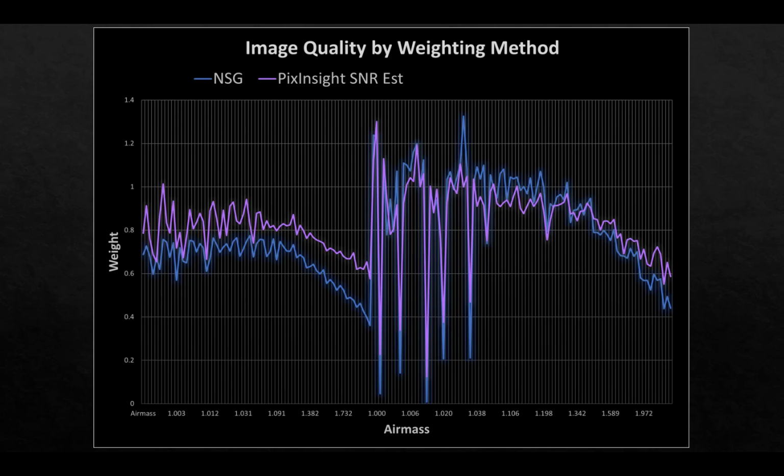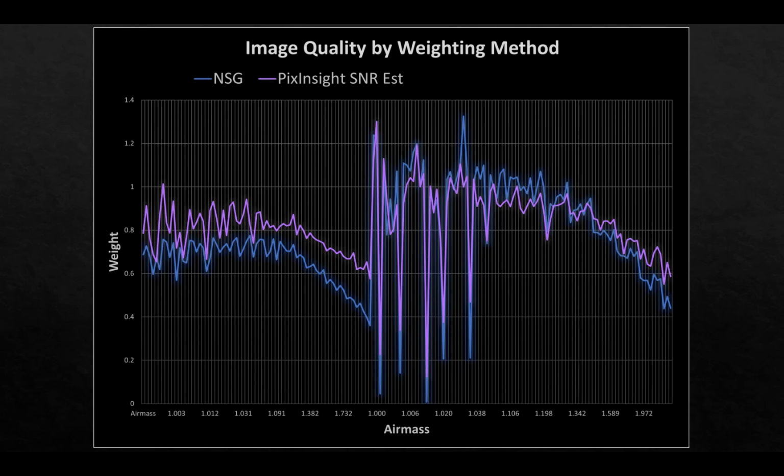Compared to NSG, you can see it follows the trend of what a straight-up signal-like measure gives you. And this is because this particular data set, the Veil Nebula data set, doesn't have big variations in brightness of background. It also doesn't have a lot of variation in the stars because the stars are all undersampled, really.